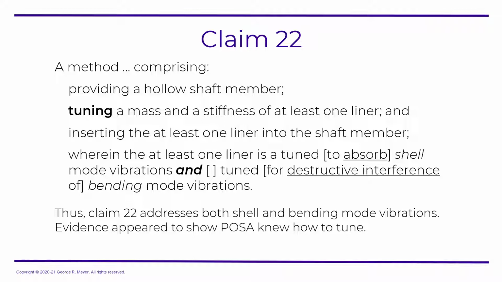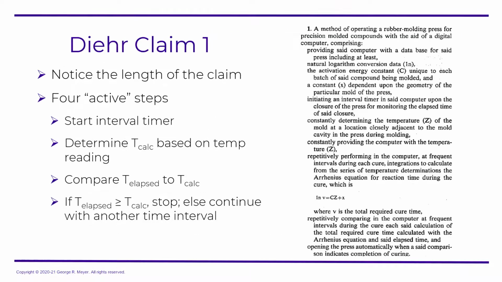I think in the claim they talk about resistive attenuation, which is absorbing vibration, and reactive interference, which we would think of as destructive interference. So Claim 22 addresses both shell and bending mode vibrations. And just from what I can gather, it sounds like people know how to do the tuning for any of the individual types of vibrations.